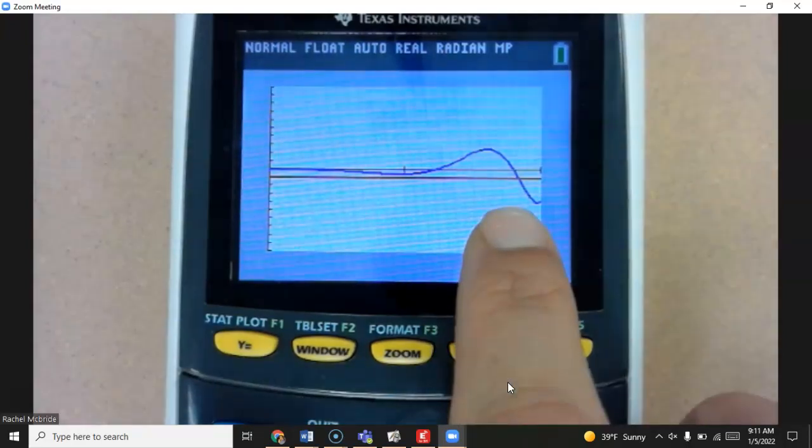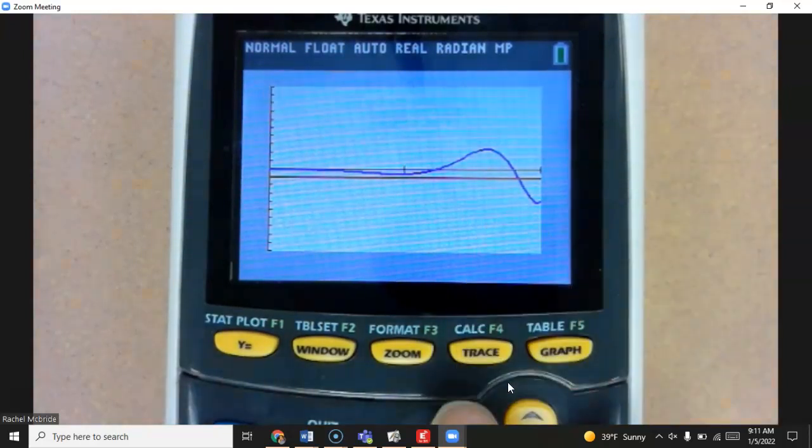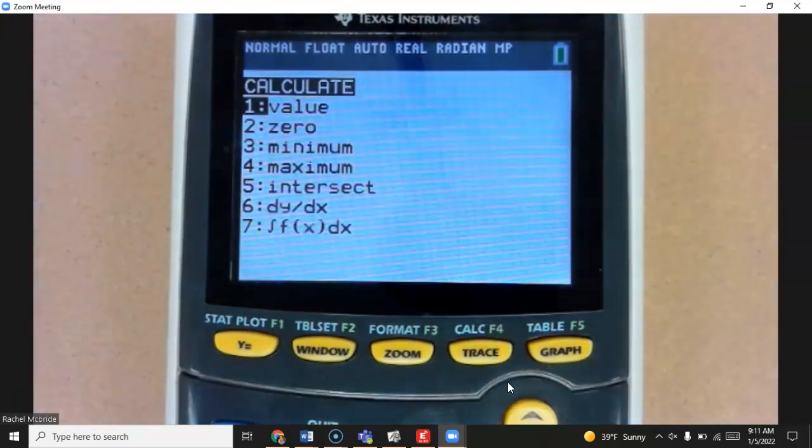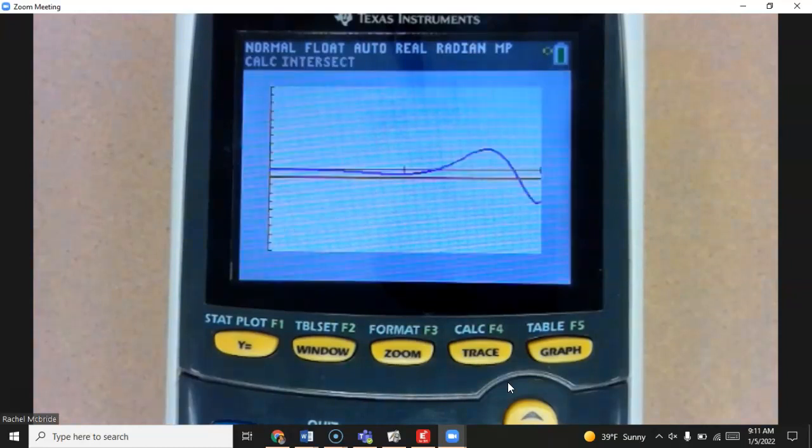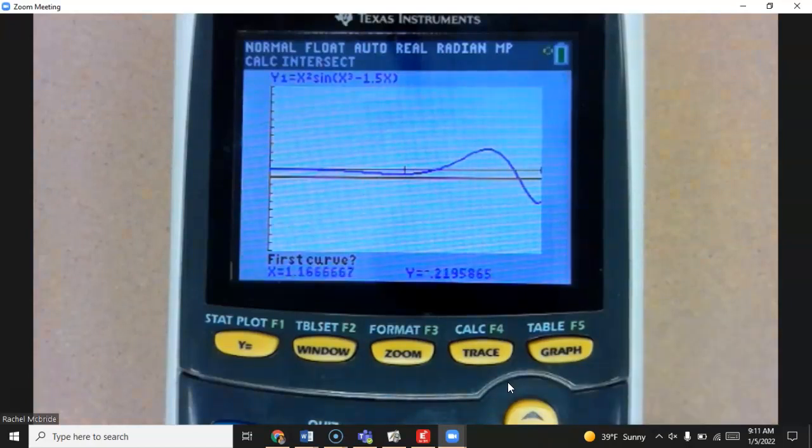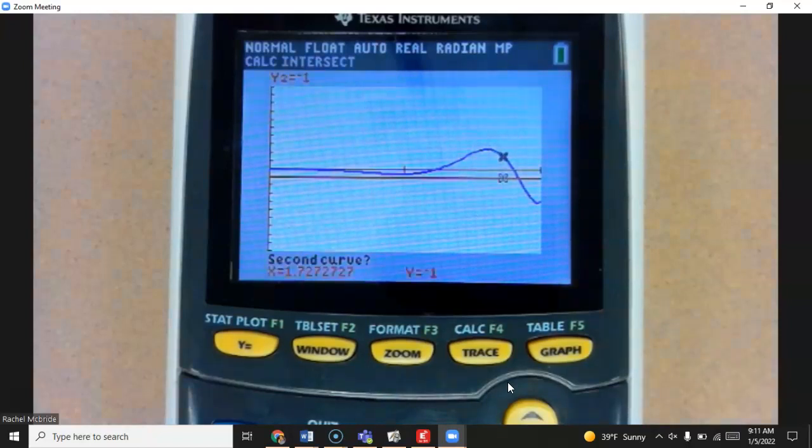Now I'm going to hit second, trace, go to option 5, which is intersect. You could literally just leave the cursor anywhere on the screen, and because there's only one point of intersection, it's going to find it.